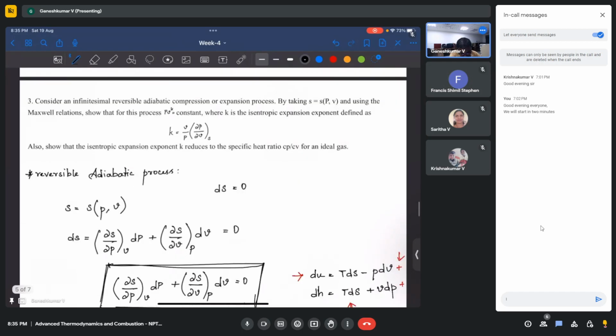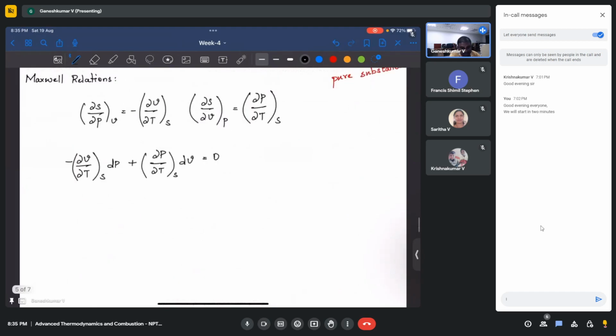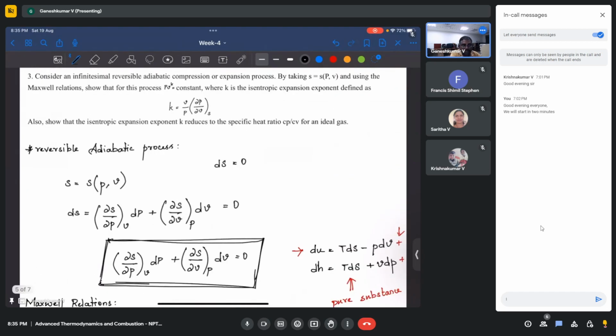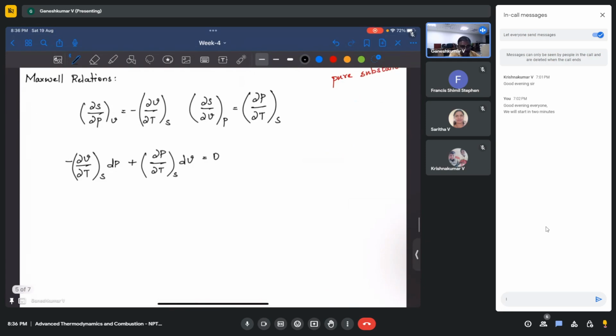So till now, without doing this Maxwell relation, how do we know PV power gamma equal to constant for a reversible adiabatic process? PV power gamma is derived from these equations. Usually we take it for granted and just use PV power gamma equal to constant. But if you continue this process, you will end up seeing that.